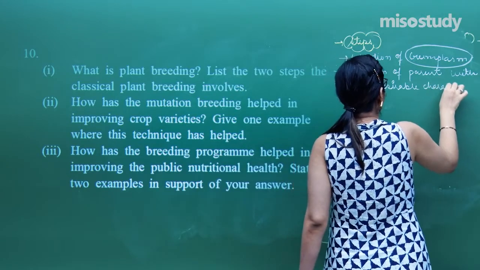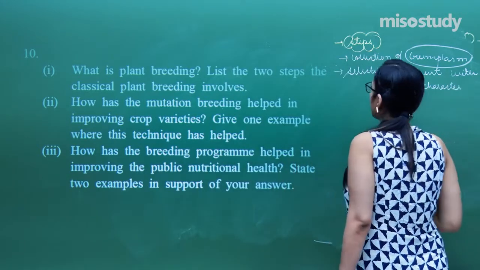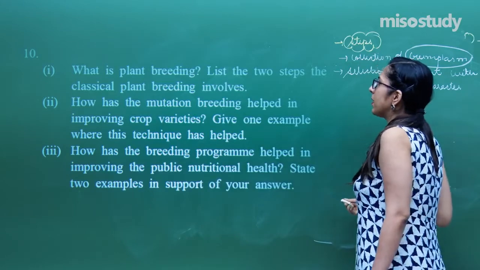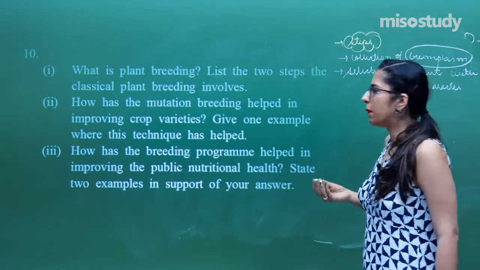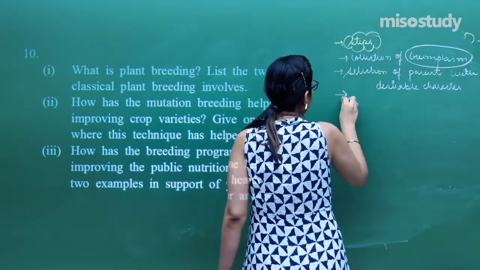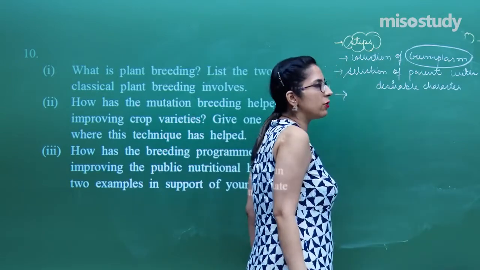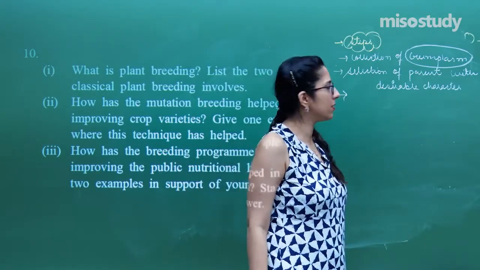We have discussed each of these in detail, and the question says we have to explain only two. But let's discuss some more points also. When you have to explain only 2 points, try to explain the 2 points in detail.